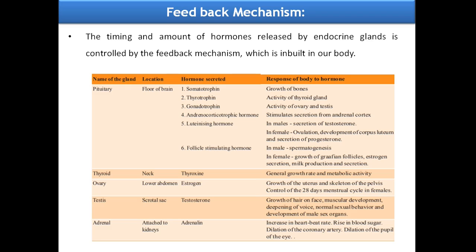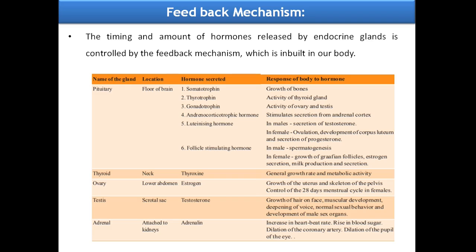For example, if the sugar level in the blood rises above the normal level, it is detected by the cells of the pancreas, which respond by producing more insulin in the blood. If the sugar level comes back to normal, secretion of insulin is automatically reduced.